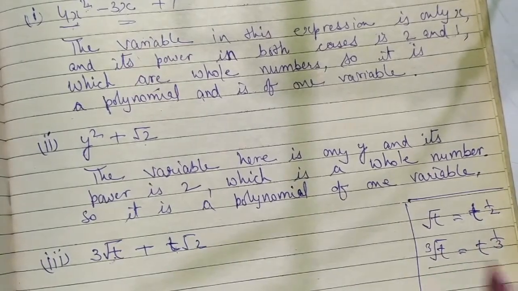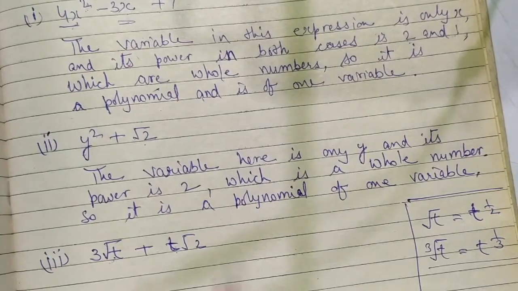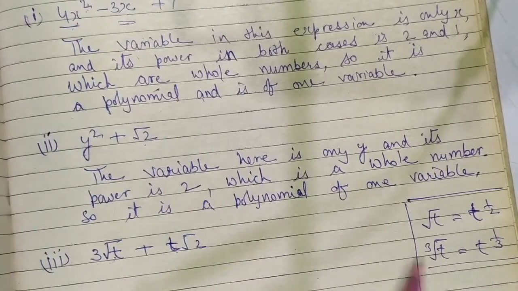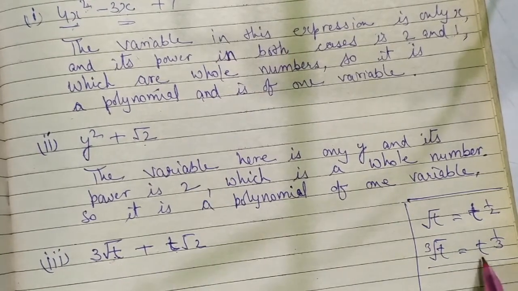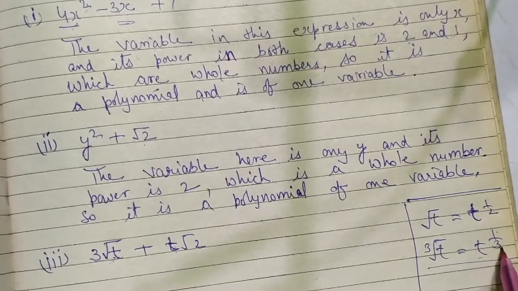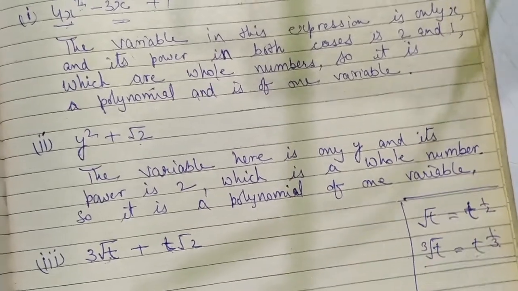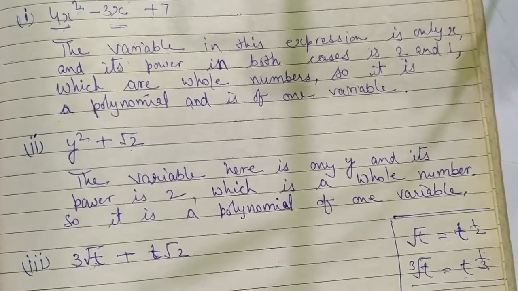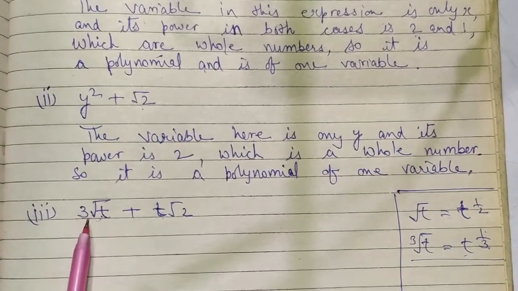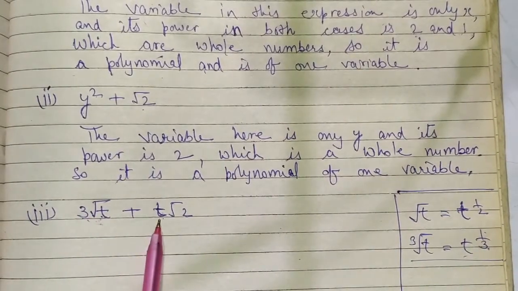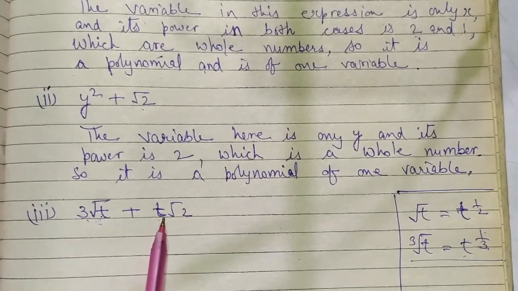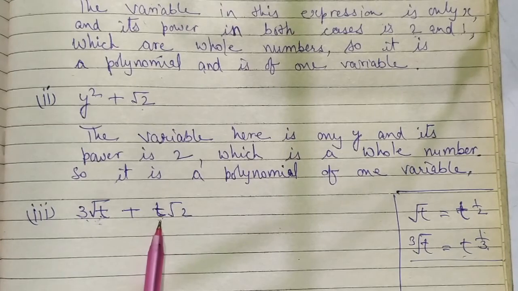So this 3 root t is equal to t raised to the power 1 upon 3. So here I must tell you what is the power here. Here the power of this one is 1 upon 3, and the power of the same variable in the second case is 1.